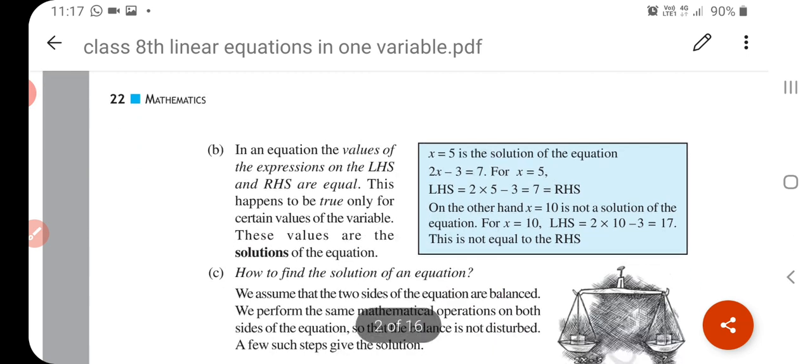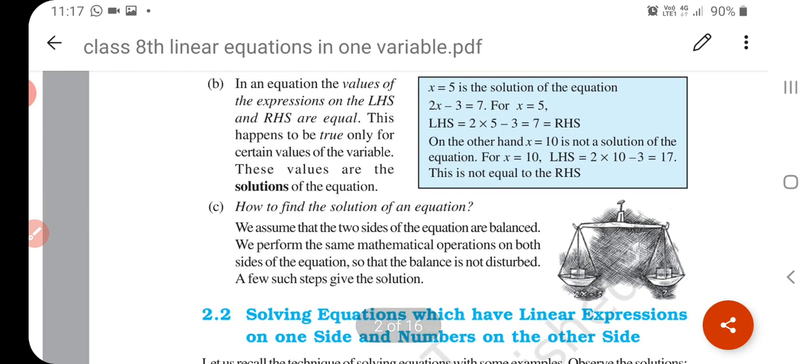Sometimes some equations may not be linear, suppose the equation has x square or x square plus x and so on. So what you do, you multiply and divide by the same numbers on both sides, so you can get a linear equation.